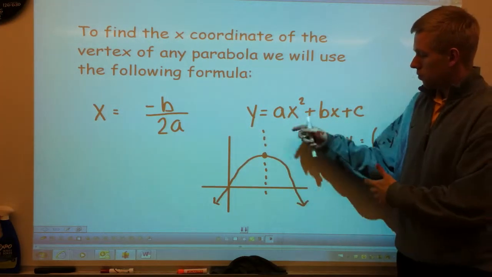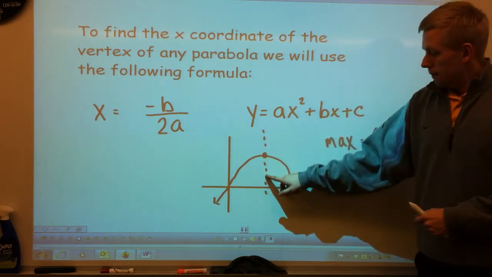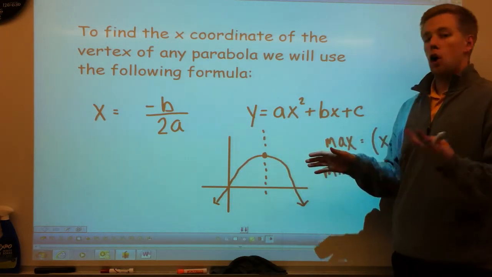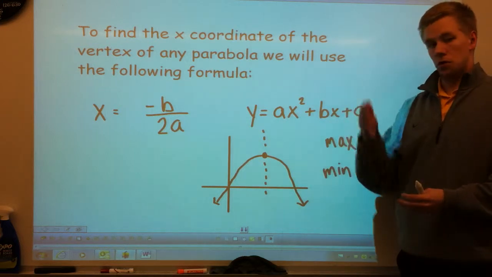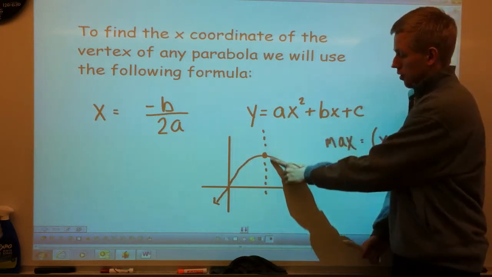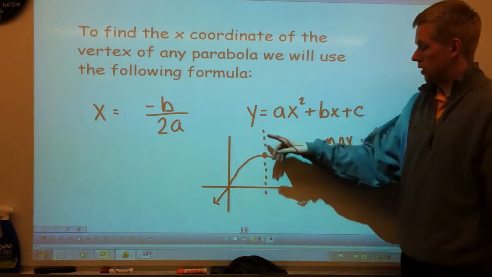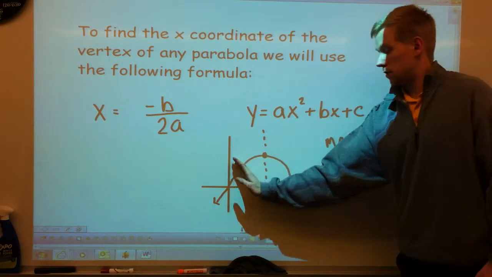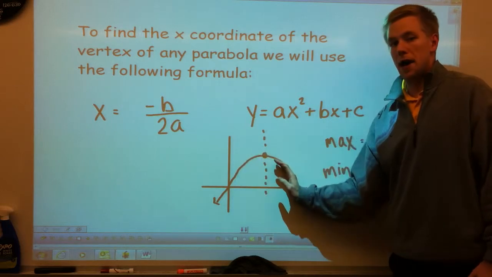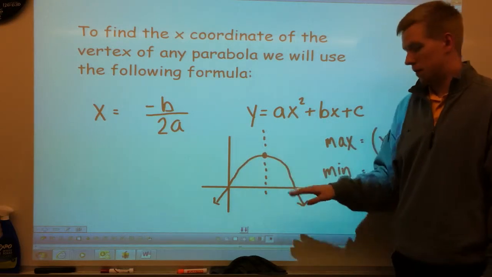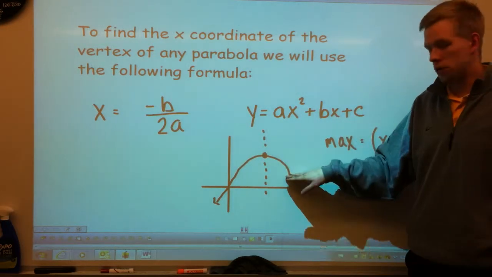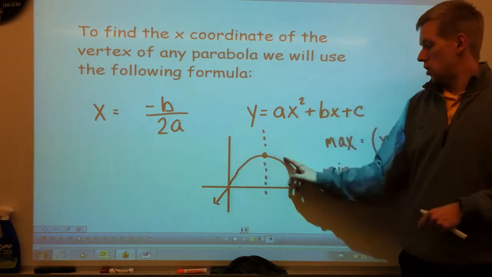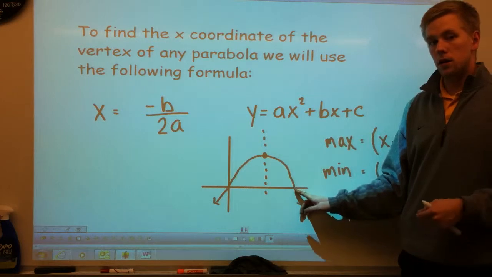And before I move on, I notice that a parabola, a u and the upside down u, they always will be symmetrical. Okay, so the line that I have drawn here is mainly to show that this line is separating my parabola into two halves, and those two halves are symmetrical. It's handwritten, so it doesn't look symmetrical, but on a graphing calculator, your parabolas will be symmetrical.